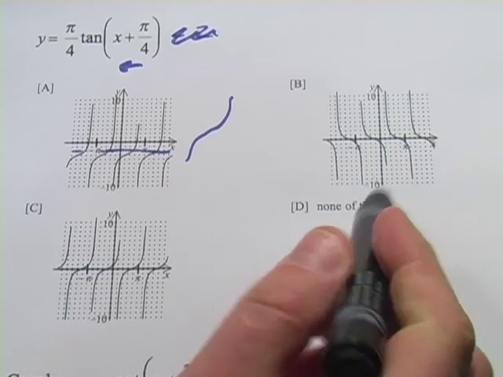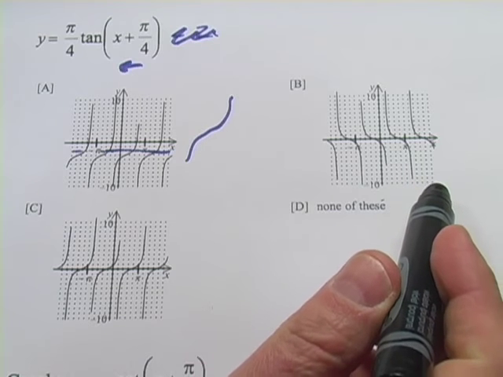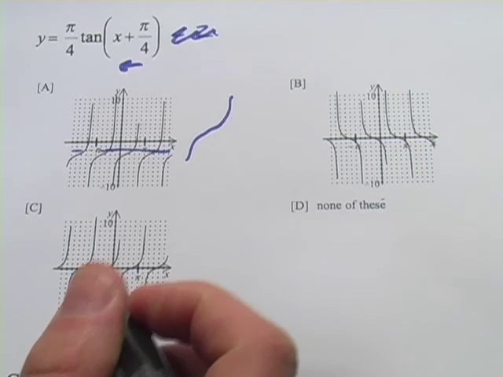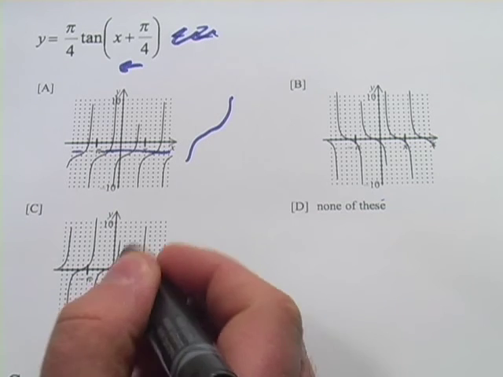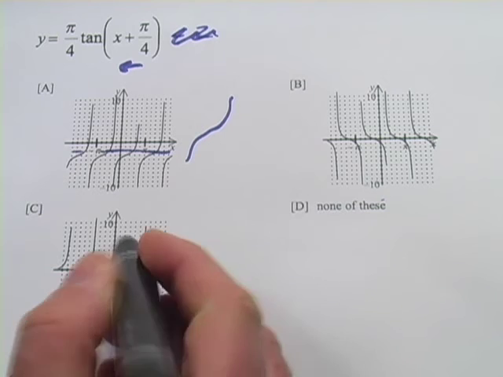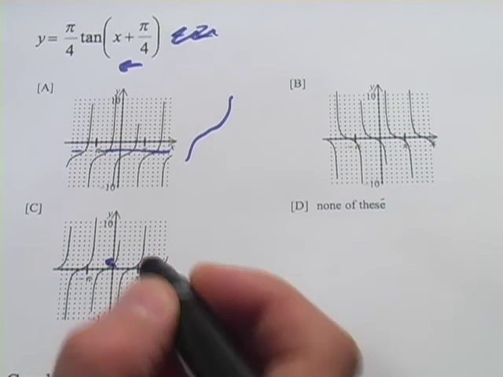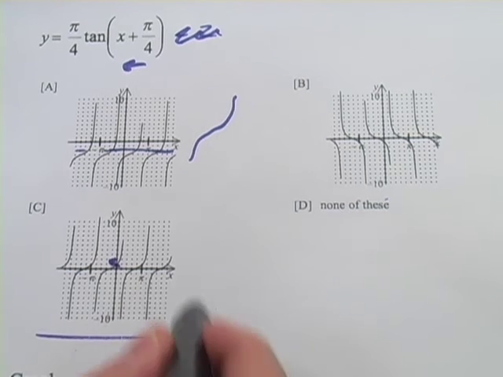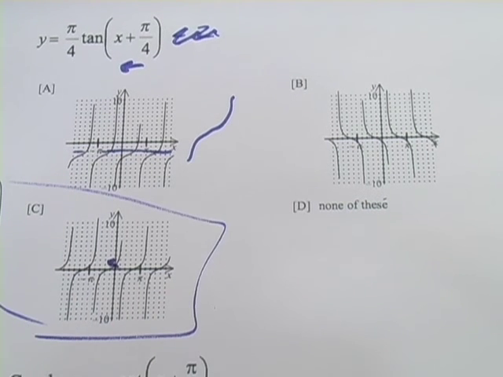So this is either a negative tangent or this is a cotangent function. And let's take a look at C, because it's between C and D. In C, we've got the tangent function. Looks a little bit squished, and it also looks like it's shifted pi over 4 in that direction. So it seems like C is going to be our correct answer there.